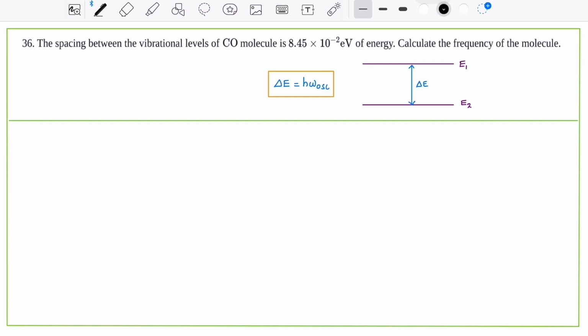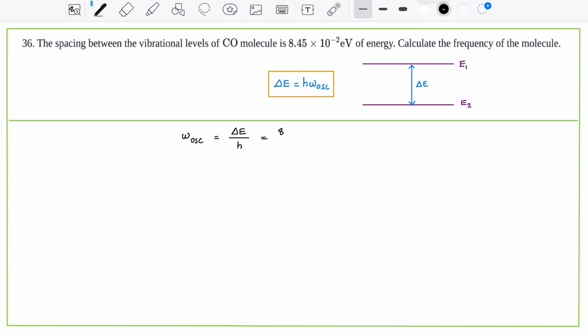We know that if ΔE is the spacing between the vibrational levels, then this ΔE is equal to ħω oscillation, where ω oscillation is the oscillation frequency of the molecule, and we can write it as ΔE divided by h.